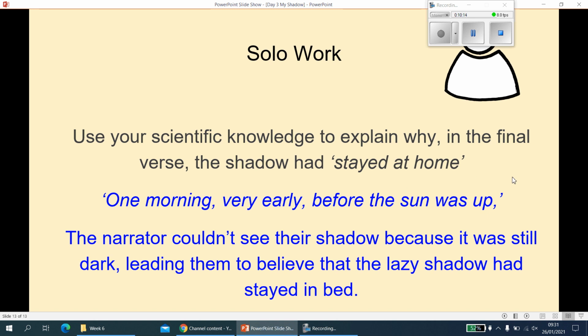The narrator, the boy, the child, couldn't see their shadow because it was still dark, leading them to believe that the lazy shadow had stayed in bed. You might have said that there was no shadow because there was no sun to create the shadow because it's still dark, or there was no light to make a shadow.